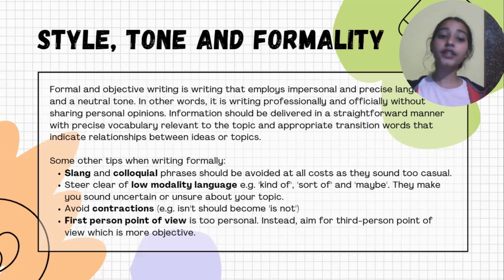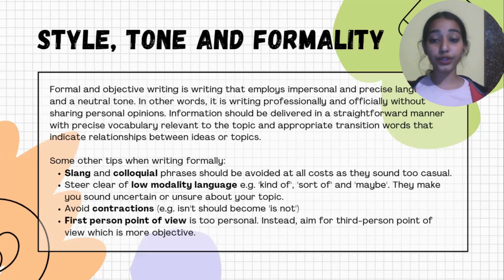You should avoid contractions. So what are contractions? Contractions are those words when you join two words and make them one word, like is not turns to isn't, going to turns to gonna, want to turns to wanna. These sound too informal, so you should avoid contractions.